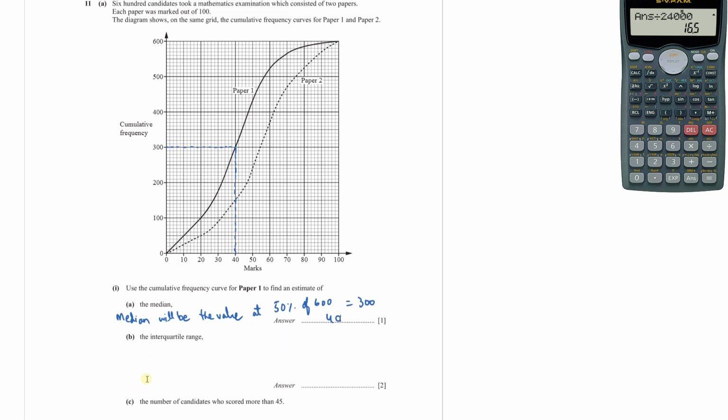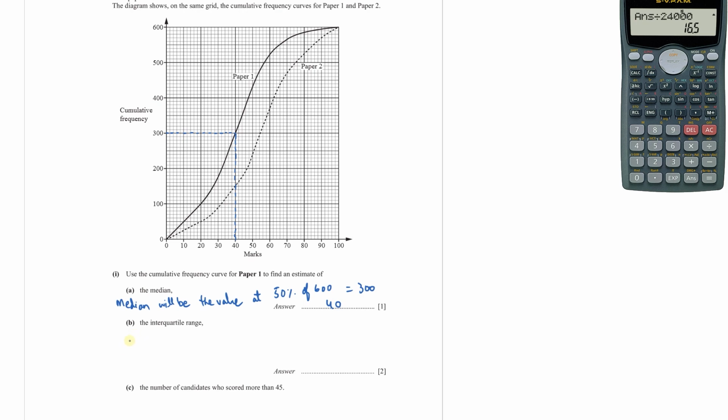The next part is you have to find the interquartile range. Interquartile range is simply upper quartile minus the lower quartile.